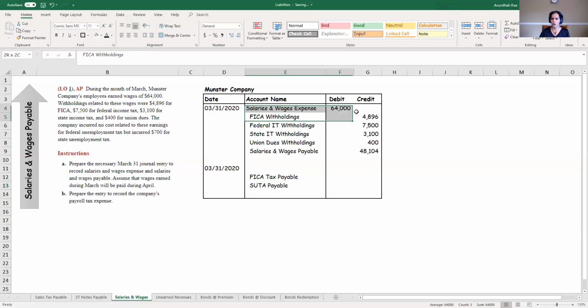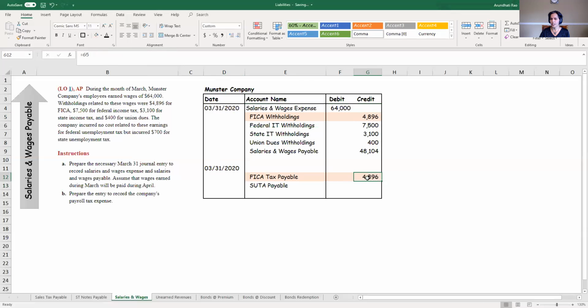And recall I told you, this amount, that is the FICA, this Social Security and Medicare taxes, the employer and the employee pay the same amount, an equal amount. So this is an additional expense for the employer over and above the 64,000, and they have to pay unemployment tax of $700.